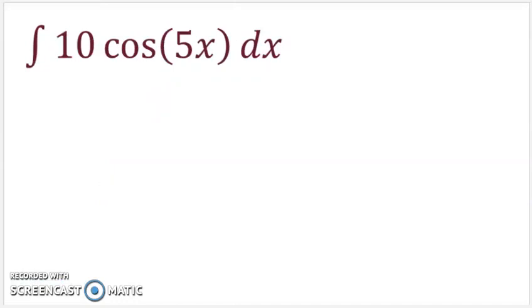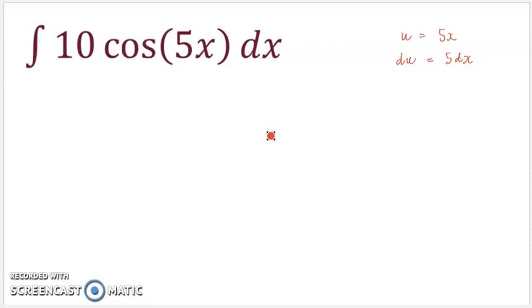We have the integration of 10 cosine 5x dx. In this example, we are going to consider 5x as our u. And then we get the derivative of 5x with respect to x. It will be 5 dx.